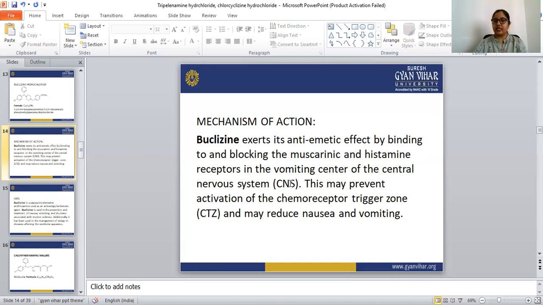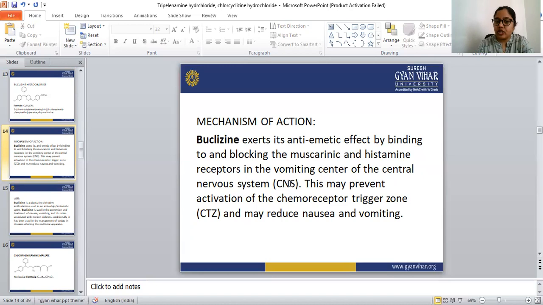When we take this buclizine drug, it blocks the muscarinic and histaminic receptors in that vomiting center present in the central nervous system, through which it shows its antiemetic effect.